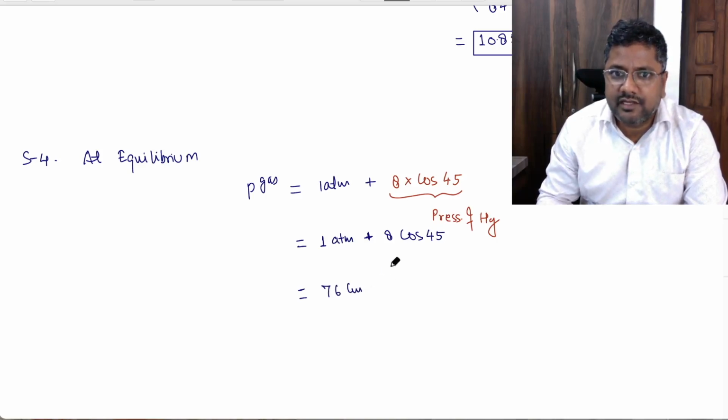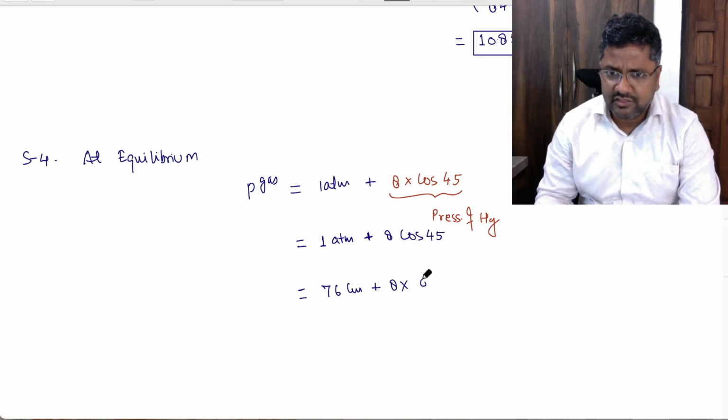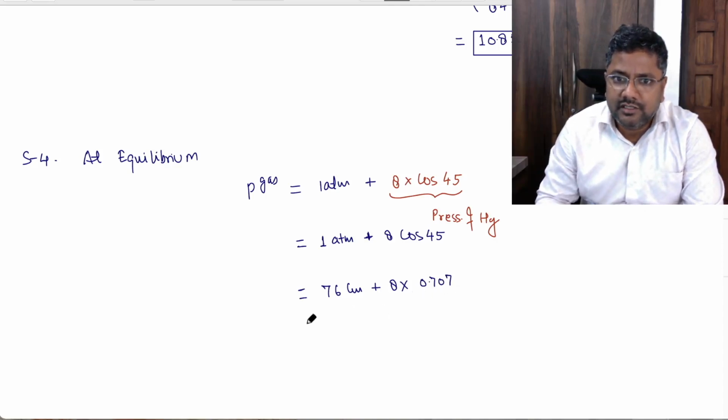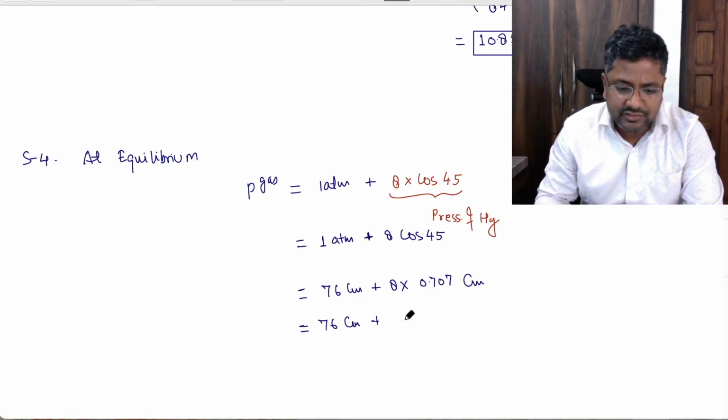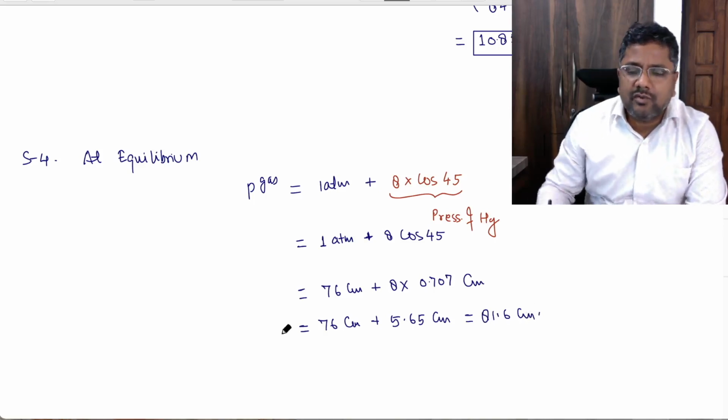So 76 centimeter plus 8 into cos 45, this is 0.707, right? So this is equal to 76 centimeter plus 5.65 centimeter. So this is equal to 81.6 centimeter, right?